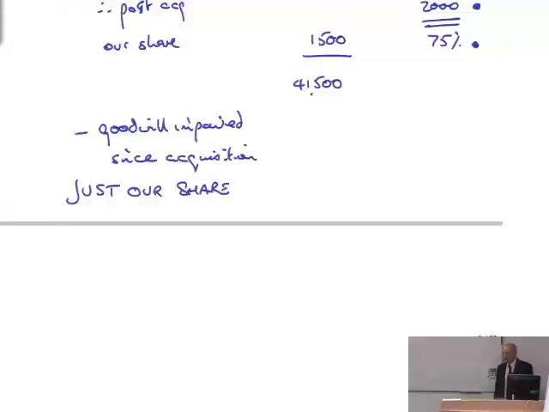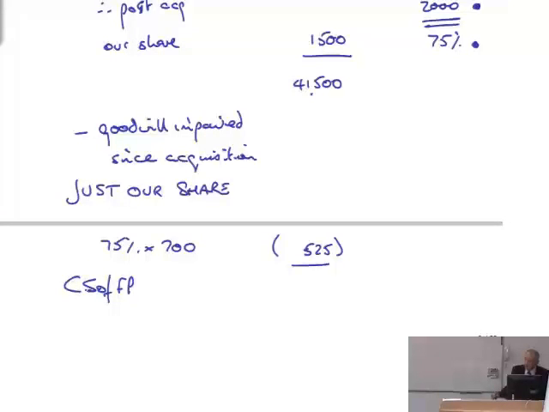Just the parent company's share. 75% of 700, which is 525. And so the consolidated retained earnings figure on the consolidated statement of financial position will be 40,975.